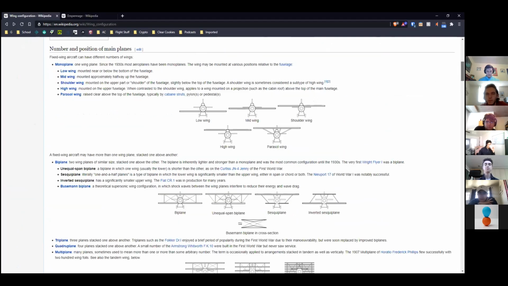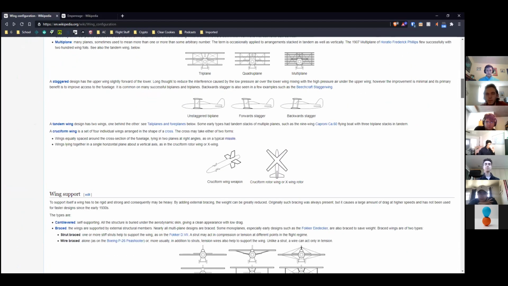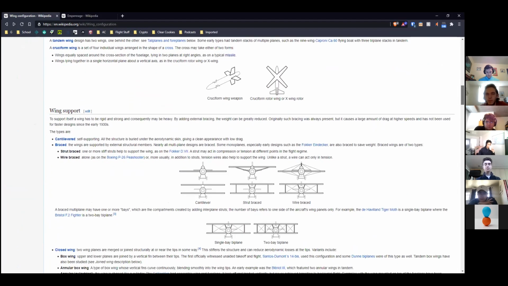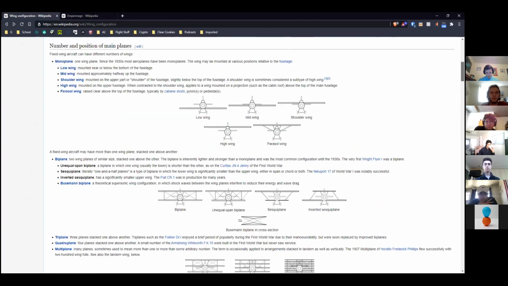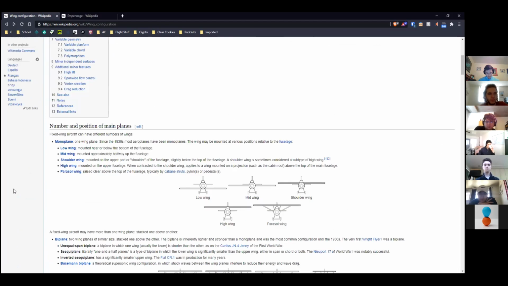And I'm also going to cover fuselage layouts because they're pretty much covered in here a little anyway, but they're just as relevant, and you figure out your fuselage and wing layout at the same time for the most part.